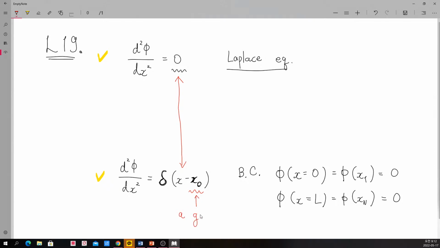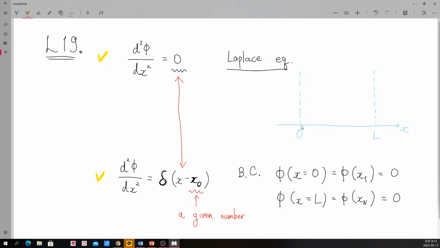A given number, a given position. So, simply speaking, that is a really good question. Thank you. And think about this one. Let's say this is your x-axis, and this corresponds to 0, and this corresponds to L. So usually what you do in the Laplace equation was like this.